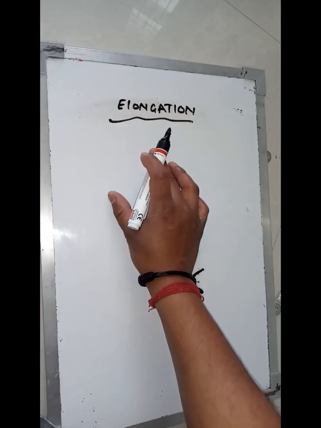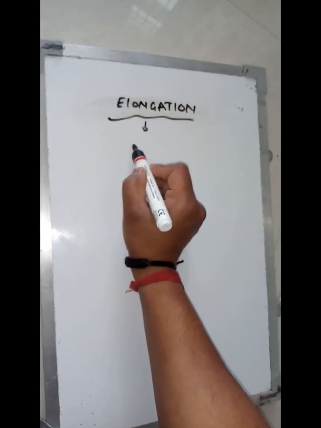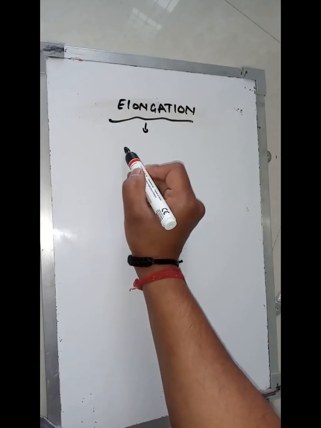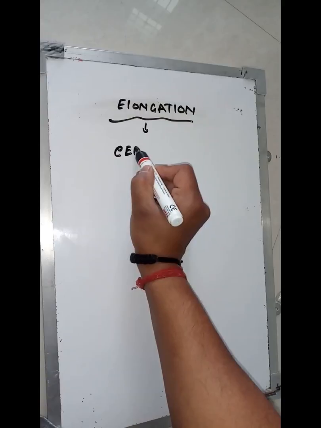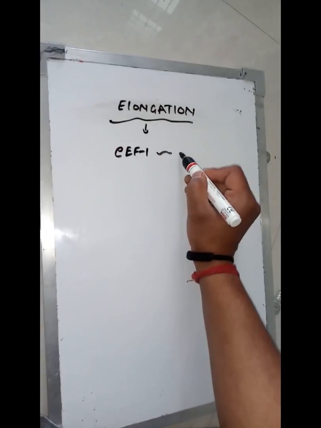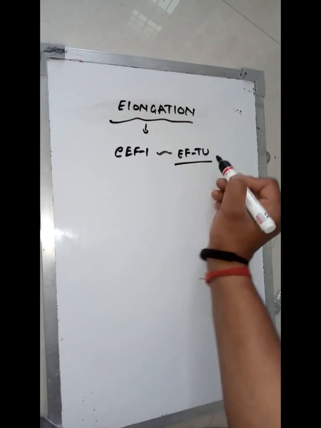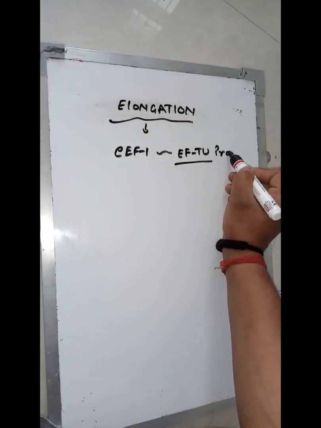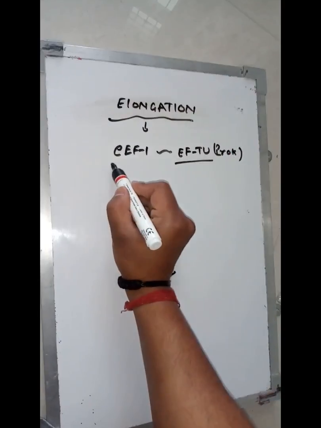Once the start codon is recognized, elongation in eukaryotes is similar to that of prokaryotes, just with a difference in the factors involved here. Here, elongation factor EF1 is analogous to EFTU in the case of prokaryotes. This is a factor of prokaryotes and this is a factor of eukaryotes.